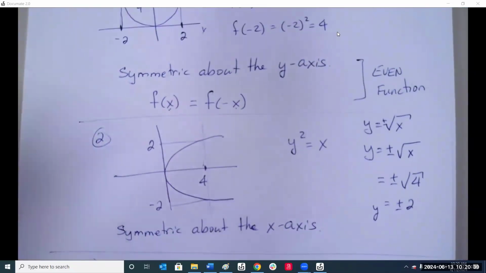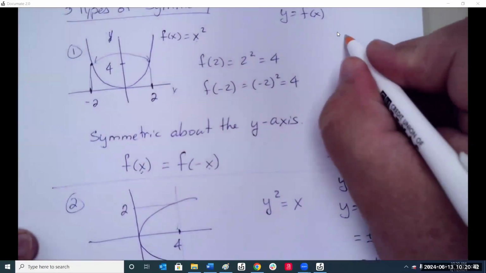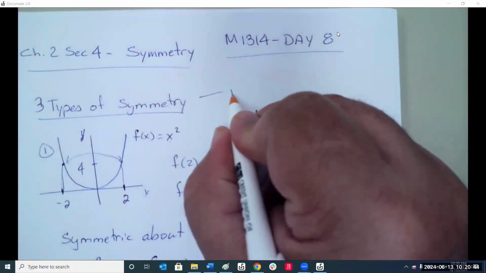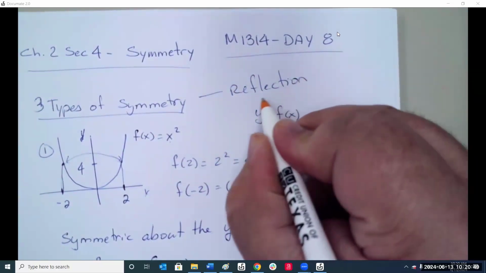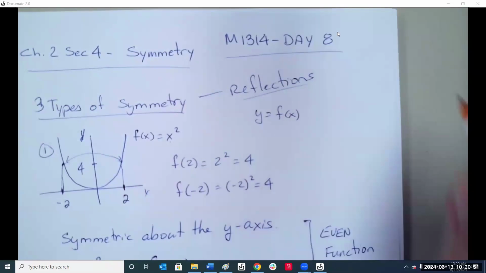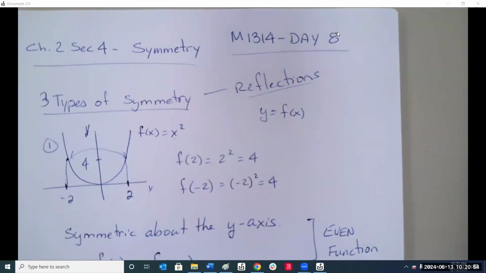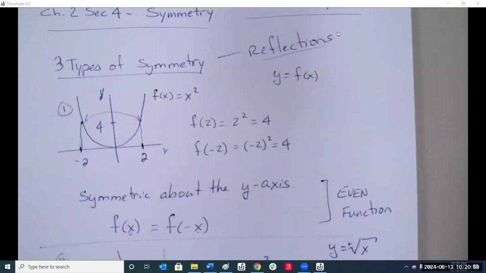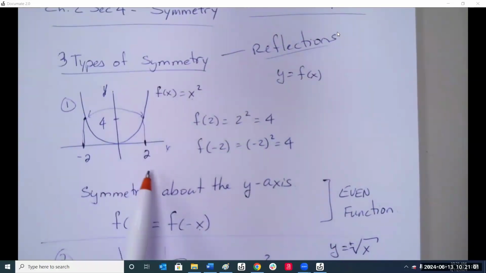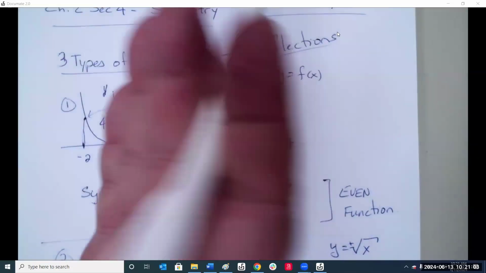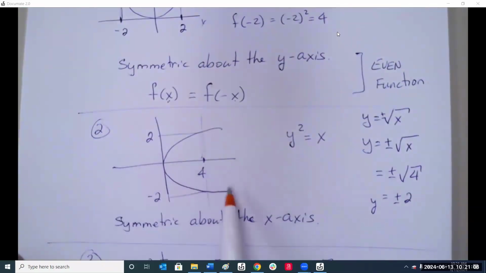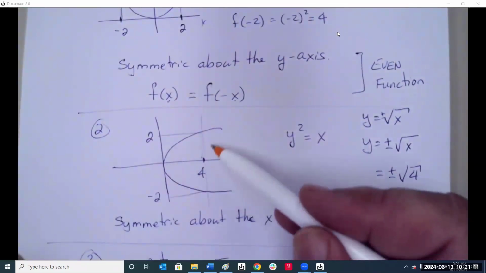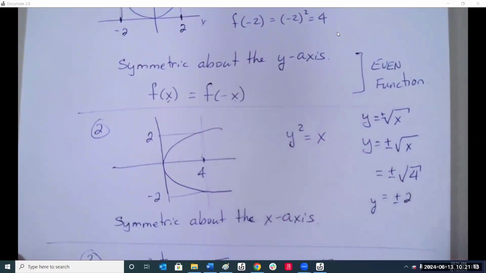So when we talk about symmetry, we also talk about reflections. So if it's symmetric about the y-axis, it's reflected about the y-axis. It's a mirror image. Same thing here. If it's symmetric about the x-axis, that means it's reflected across the x-axis.